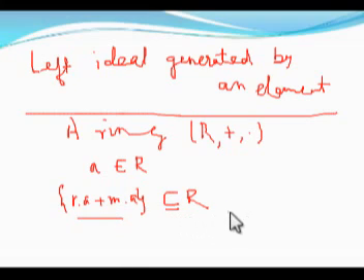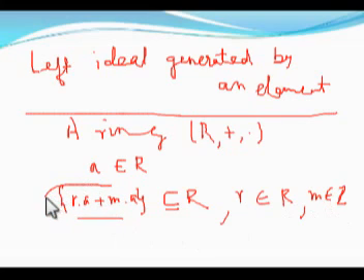Here r belongs to R and m belongs to Z, where Z is the set of integers. So it forms a left ideal, and this left ideal is called generated by an element a.